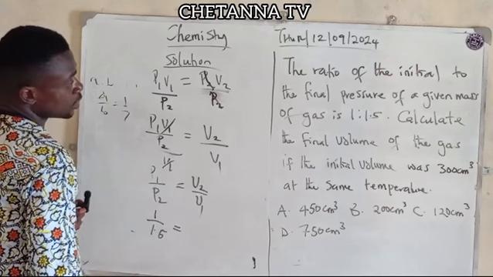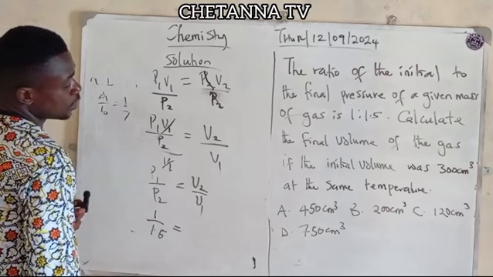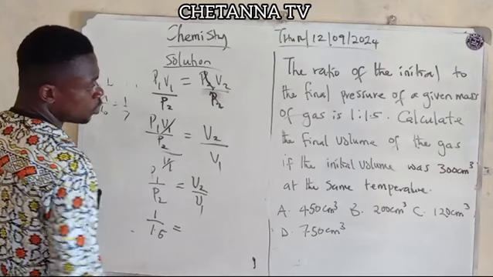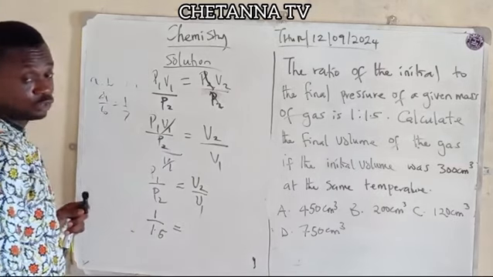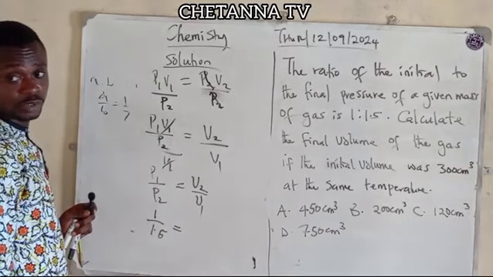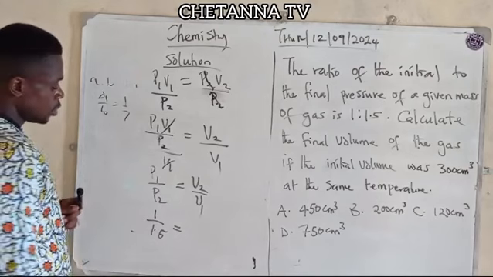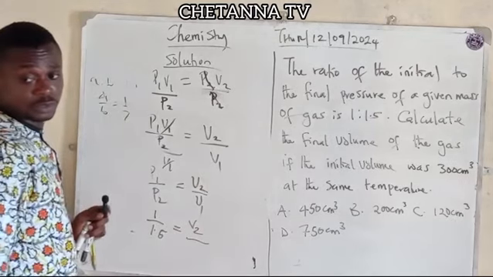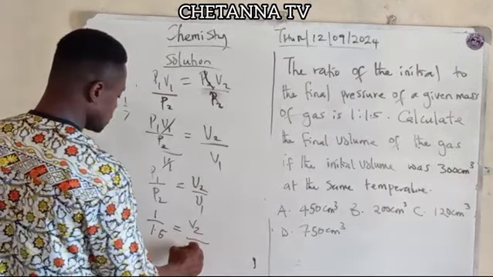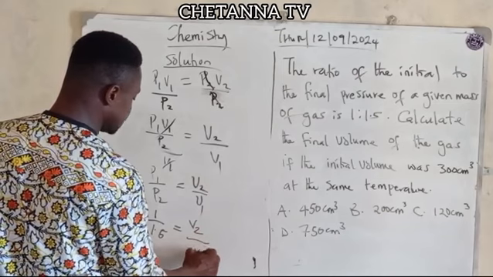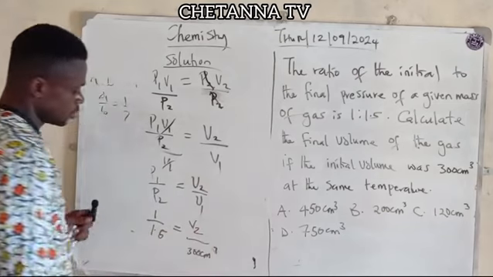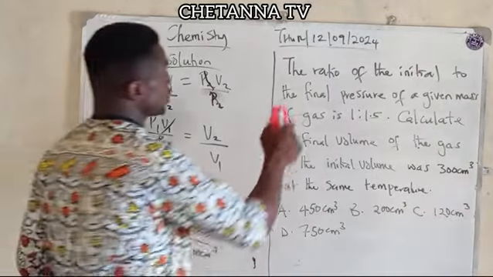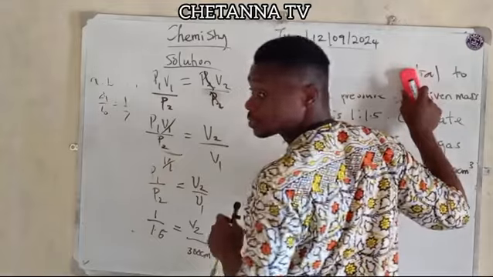V2 is what? Unknown now. V1 is what? 300 centimeter cube. You covered it, right?